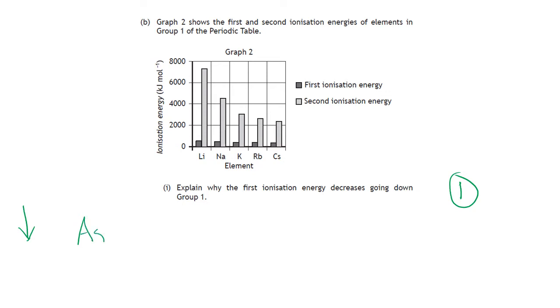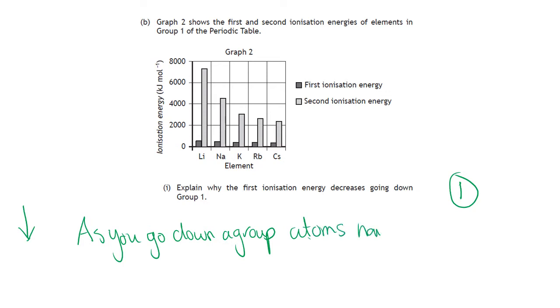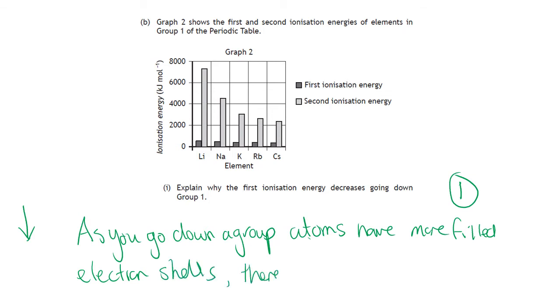So as you go down a group, atoms have more filled electron shells, therefore more screening effect.